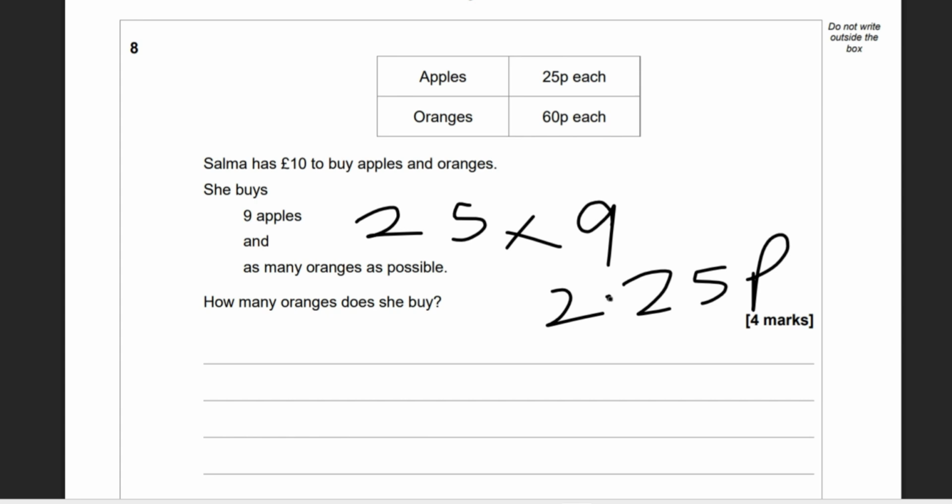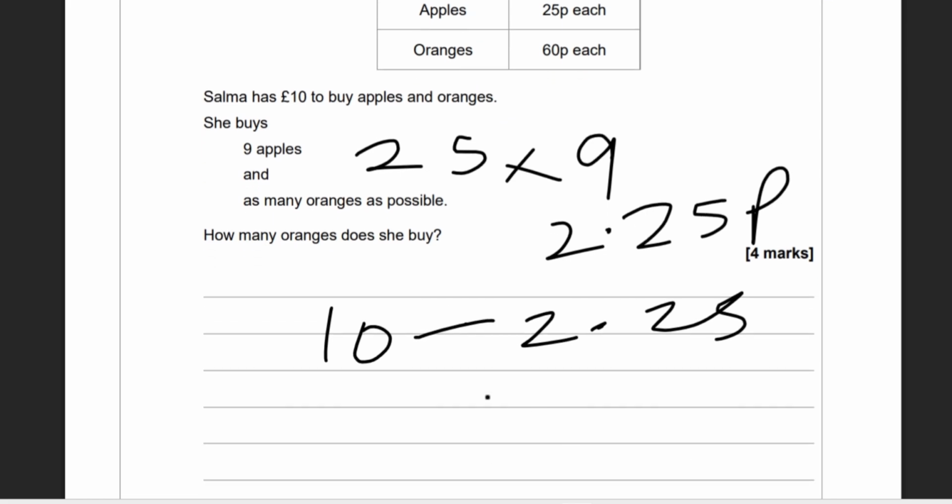So how much is remaining for the oranges? You subtract: 10.00 minus 2.25 gives you 7.75. So we have 7.75 for the oranges.